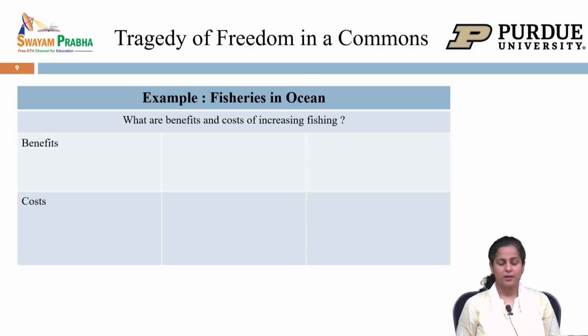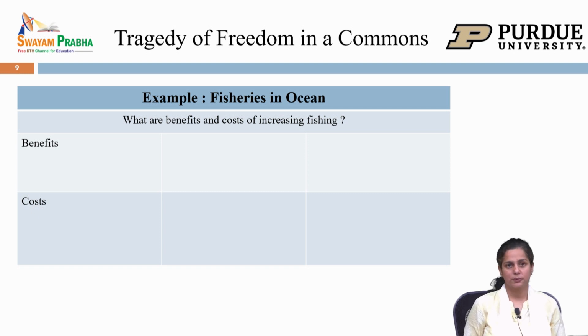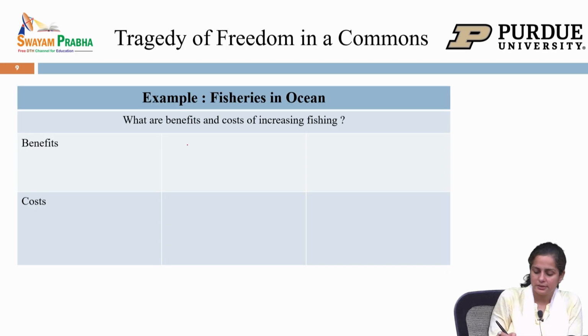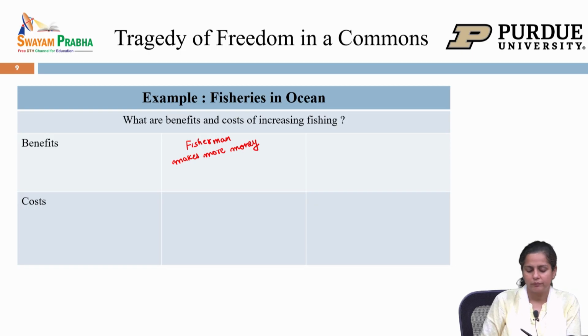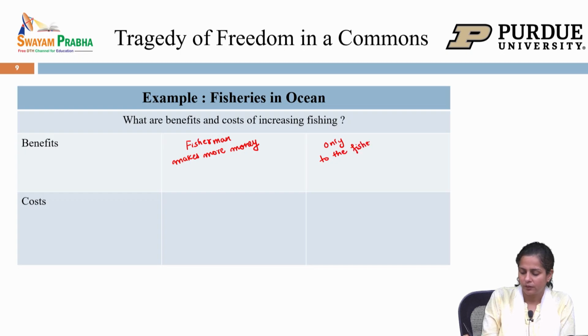Okay, let's see. The question is, what are the benefits and costs of increasing fishing? Let's say there is a fisherman and the fisherman wants to increase fishing. The benefit is that the fisherman makes more money, and it is only to the fisherman who bought the new boat to fish more.